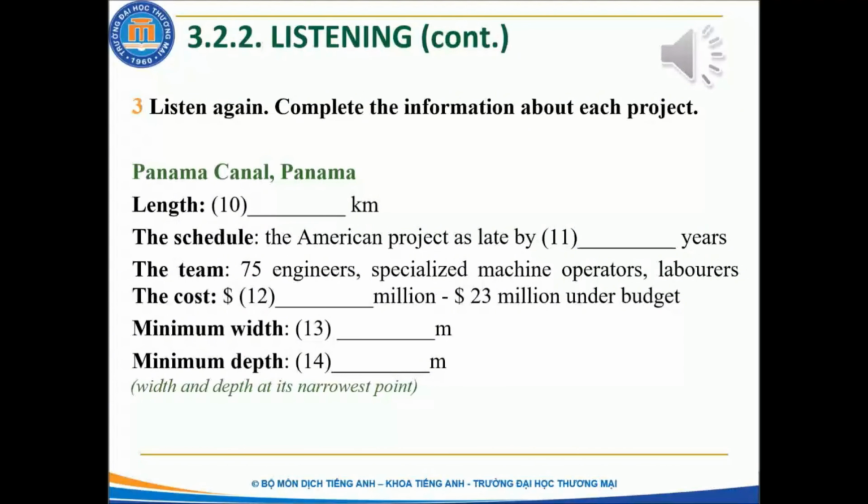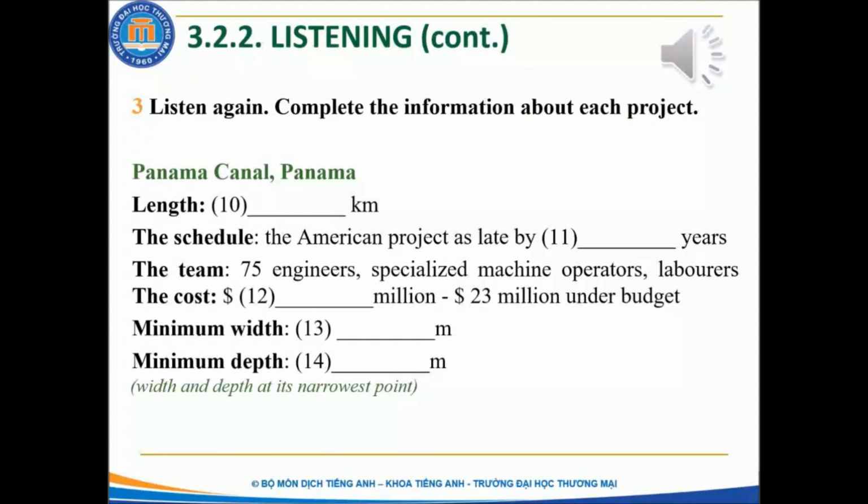15 years later, an American team took over the project. Work on the canal began again in 1904. It took 75,000 workers 10 years to build the 77-kilometre canal, 4 years longer than the original estimate of 6 years. The team included engineers, specialised machine operators, and of course labourers.